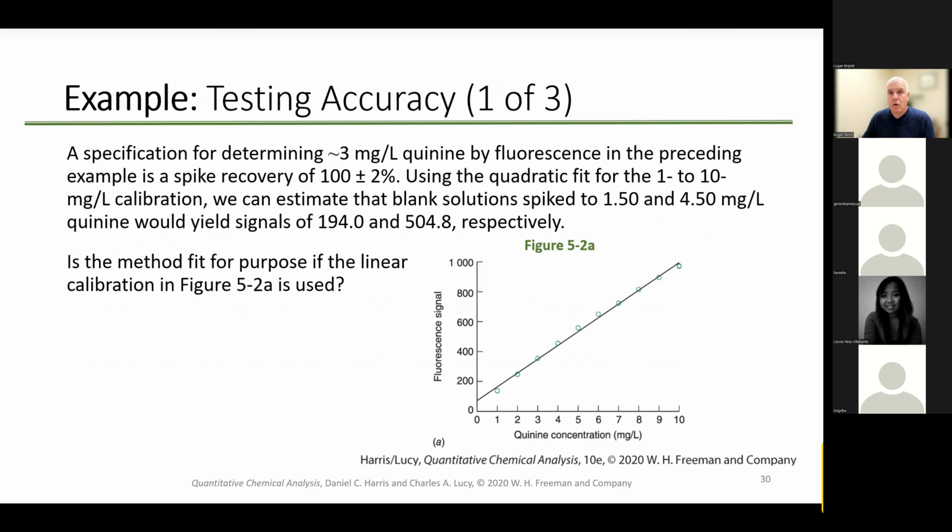So let's say that we have, going back to this quinine case, a specification for determining 3 parts per million quinine, it has a spike recovery of 100 plus or minus 2%, right?